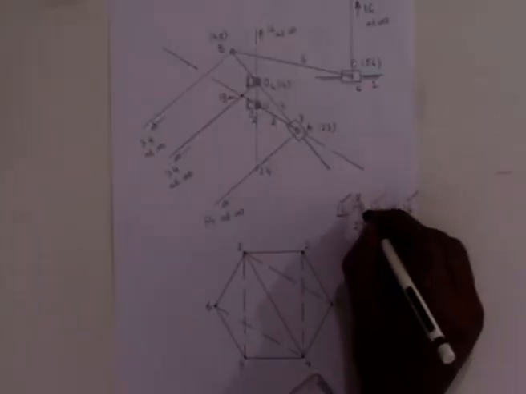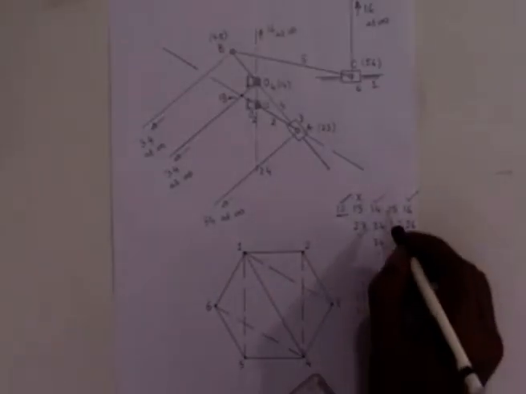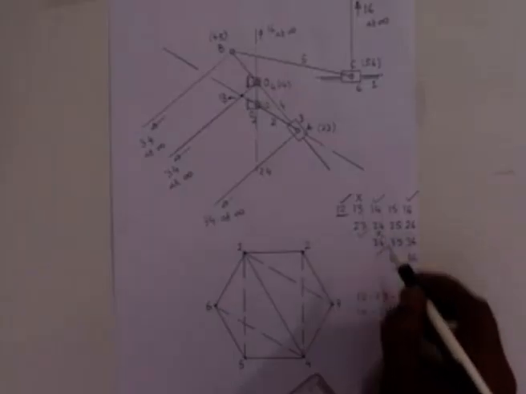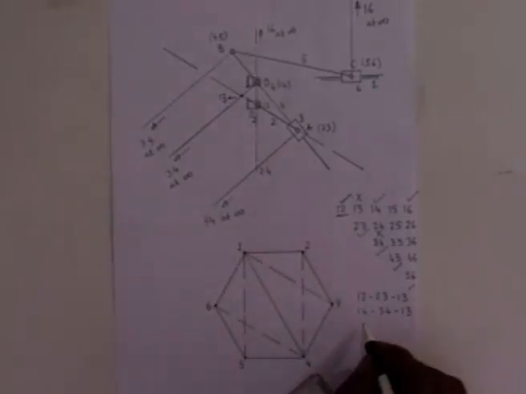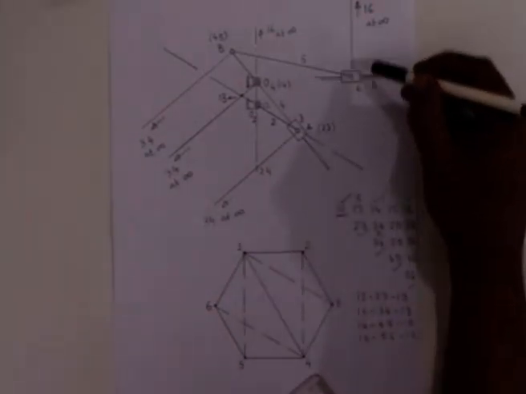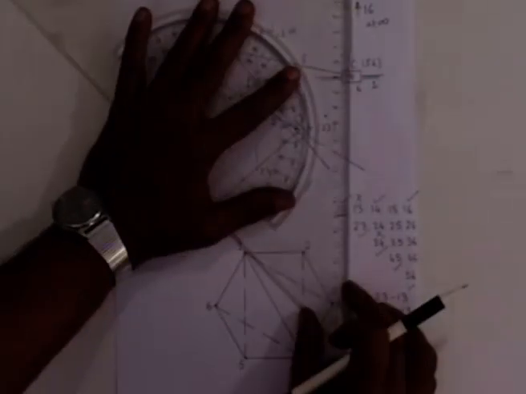In the second step, I have determined 1, 3 and 2, 4. And in this step, I can consider 1 4 and 4 5 and 1 5 are on one line. 1 4, 4 5, 1 5 is on one line, and also 1 6, 5 6 and 1 5 on one line. As we see, this is 5 6 and 1 6 is on the vertical line. So 1 5 must lie on this line.